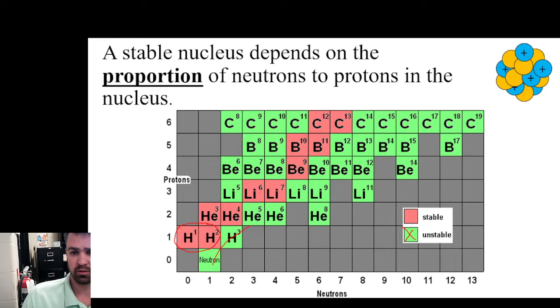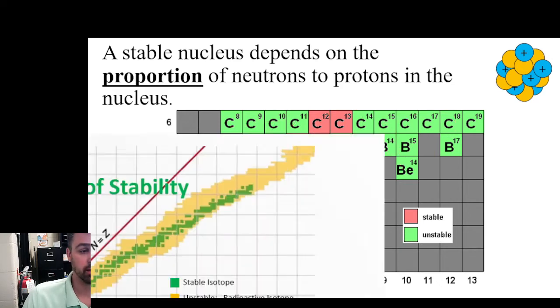So anytime you see the green for any one of these elements, that's going to be a stable form of that element. Anything in the red squares is going to be unstable. Anything in the gray area over here is not possible. So these are all possibilities, but they're stable or unstable, and the gray is not possible.